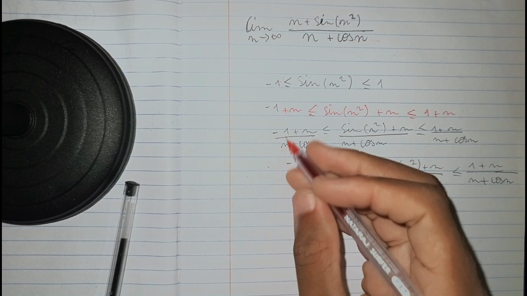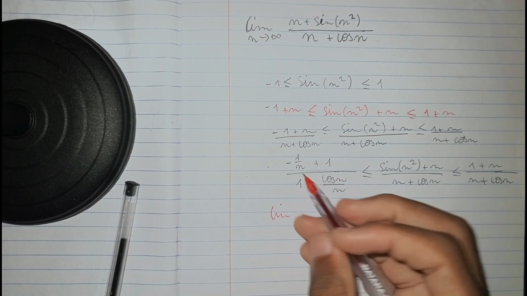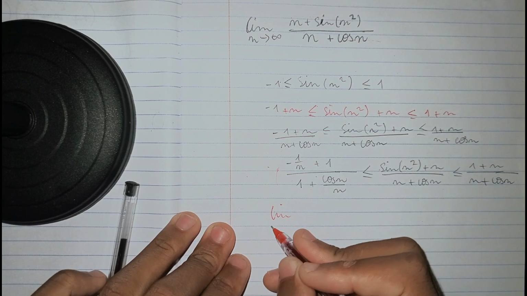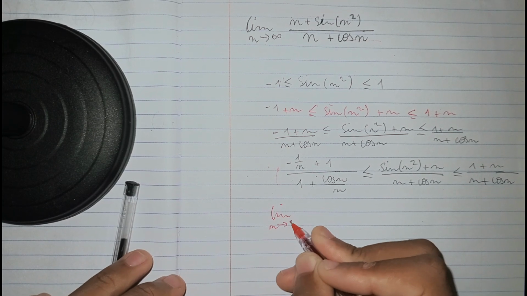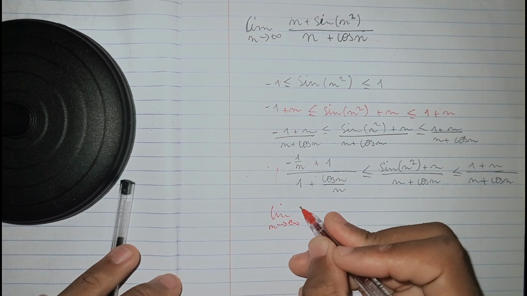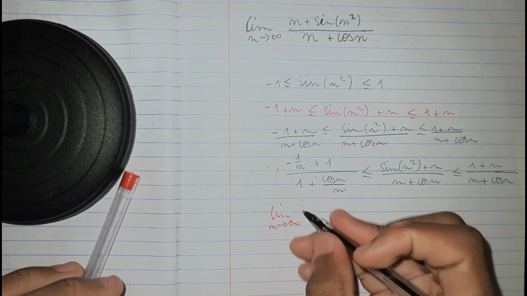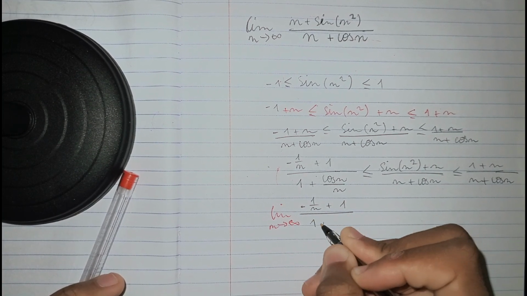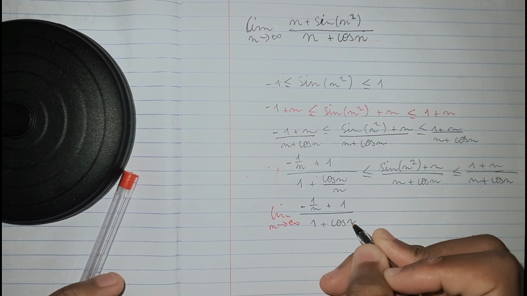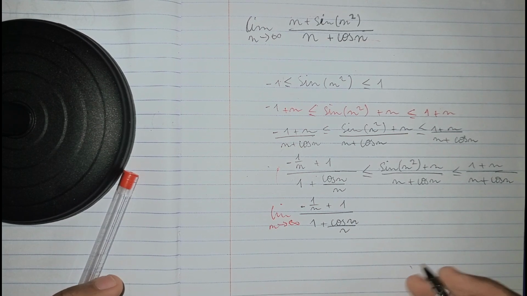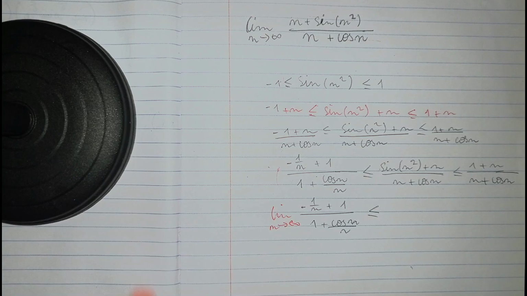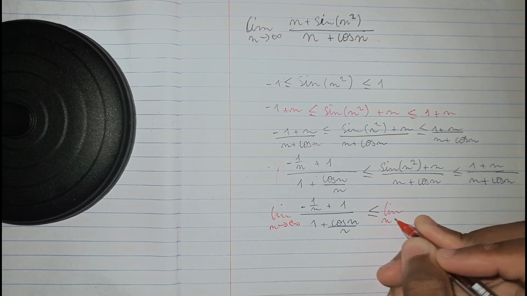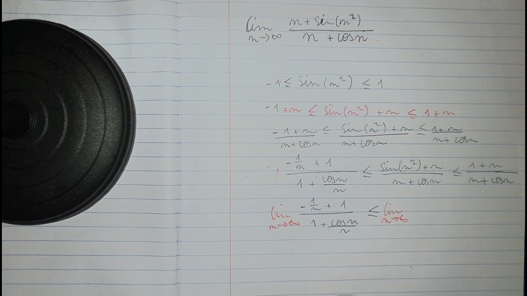So keep on. We are going to plug in limits on every single side here. Limits when n goes to infinity of this, let me write here, -1 over n plus 1 plus cosine of n divided by n is less than this. I'm going to plug in the limit when n goes to infinity.